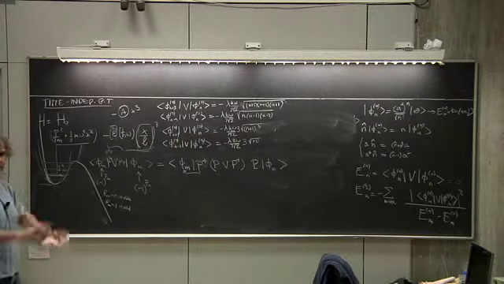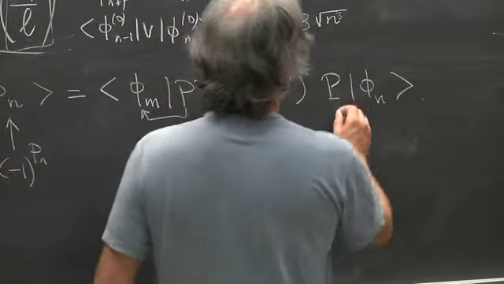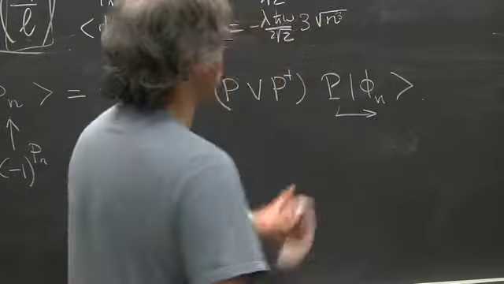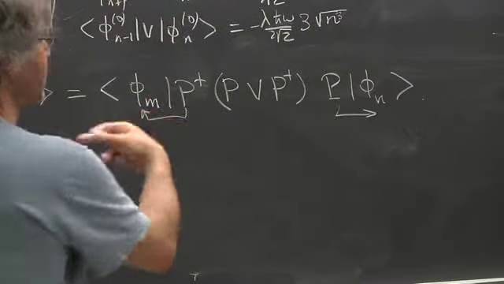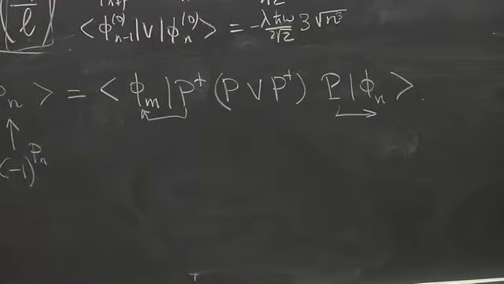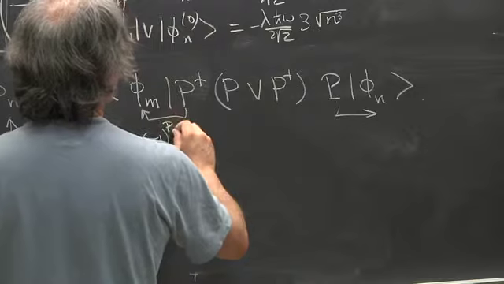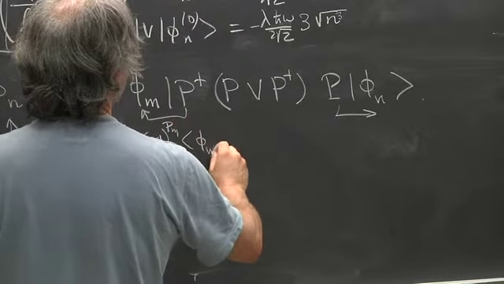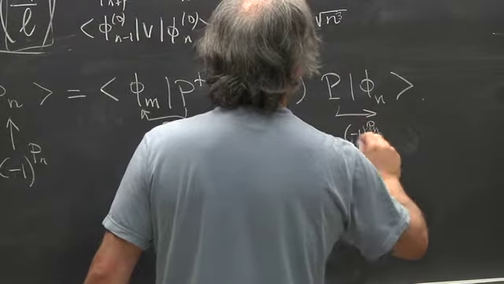I have simply reassembled things to show you that here you have a parity operator acting on the state, and this is an eigenstate. Here you have a parity operator acting on the eigenstate to the left. So these two objects: this will give me -1 to the Pm times the same state. This will give me -1 to the Pn times the same state.